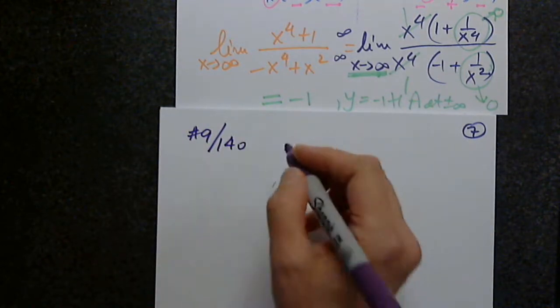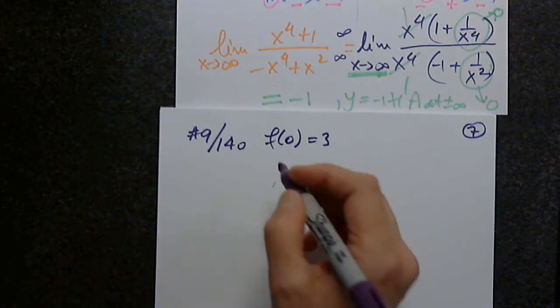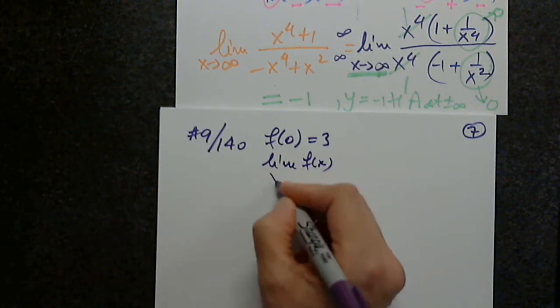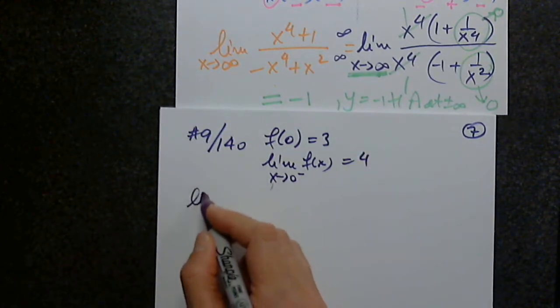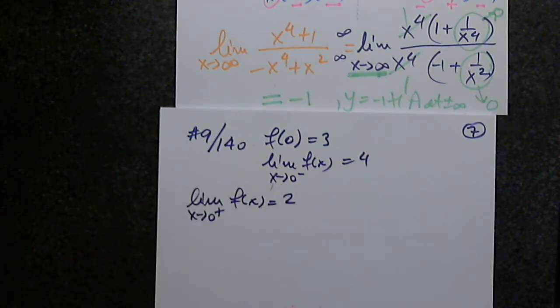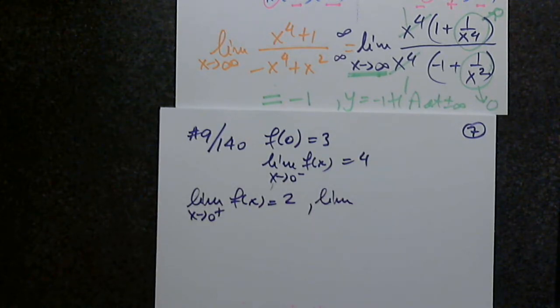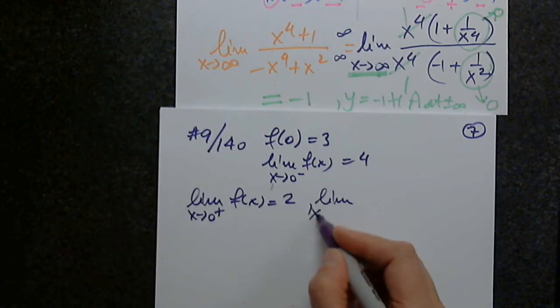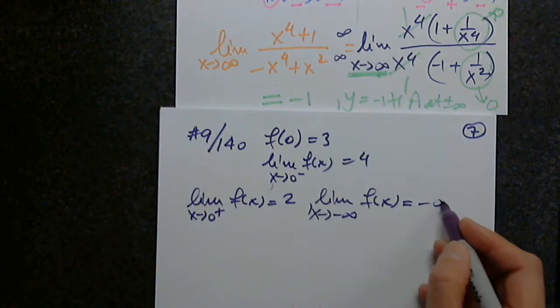And we have f of 0 is 3. And we have the limit of f of x as x approaches 0 from the left. They say that is 4. And we have the limit as x approaches 0 from the right of f of x. They say it's 2. I think that's what it says, yes. Then the limit as x approaches negative infinity of f of x, they say equals negative infinity.